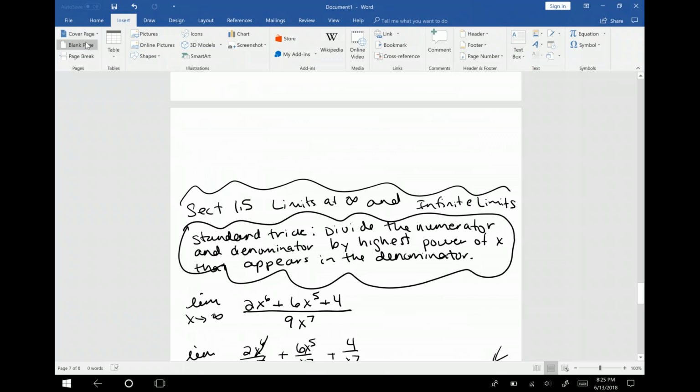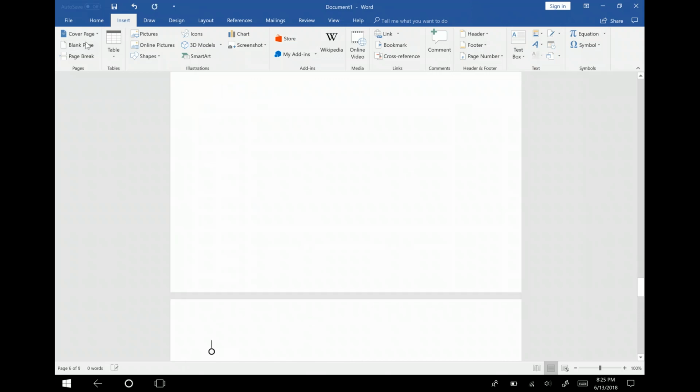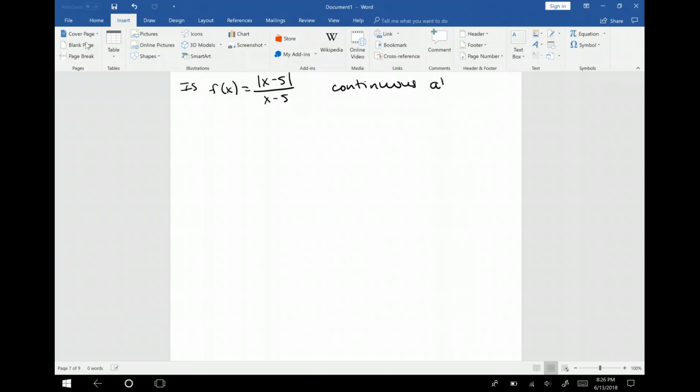All right, so let me do another example. Is this function f of x equal to the absolute value of x minus 5 over x minus 5 continuous at 5? So we go through all three of those steps, just like we did before.